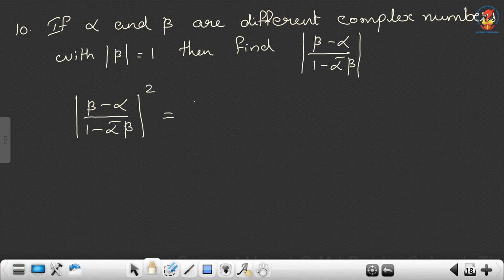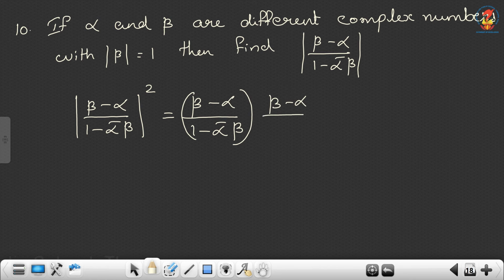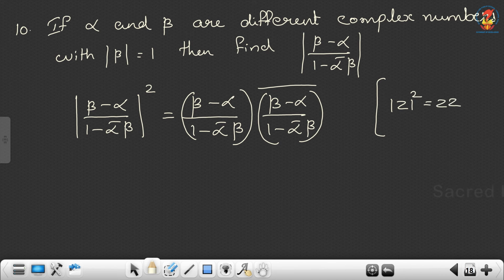That is equal to this complex number (beta minus alpha) by (1 minus alpha bar beta). Consider that as z. So z into z bar. Mod z square is equal to z into z bar. That is the result we apply here.